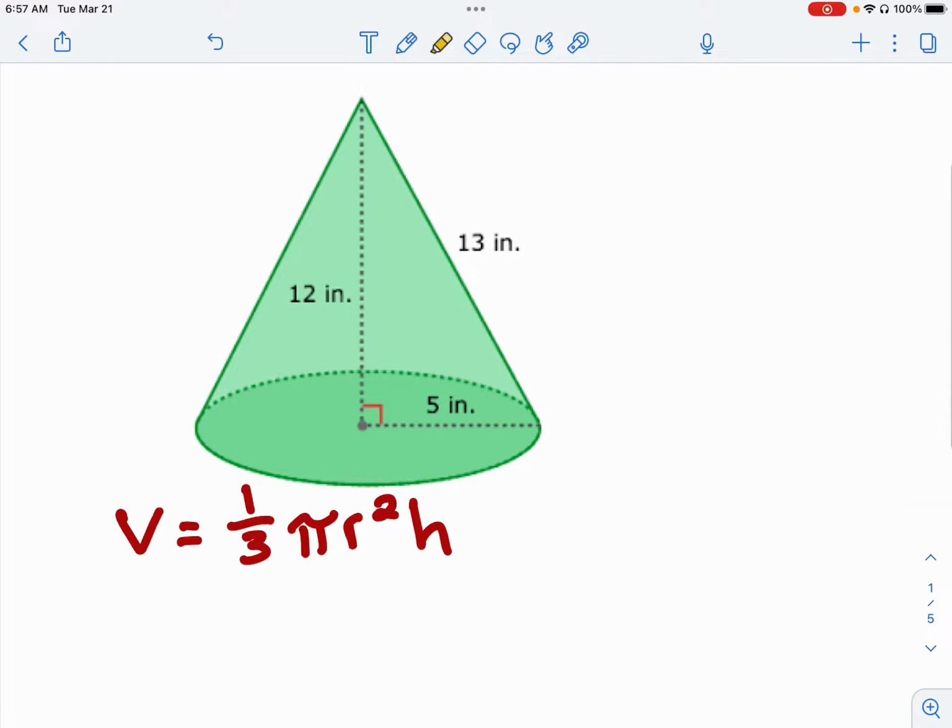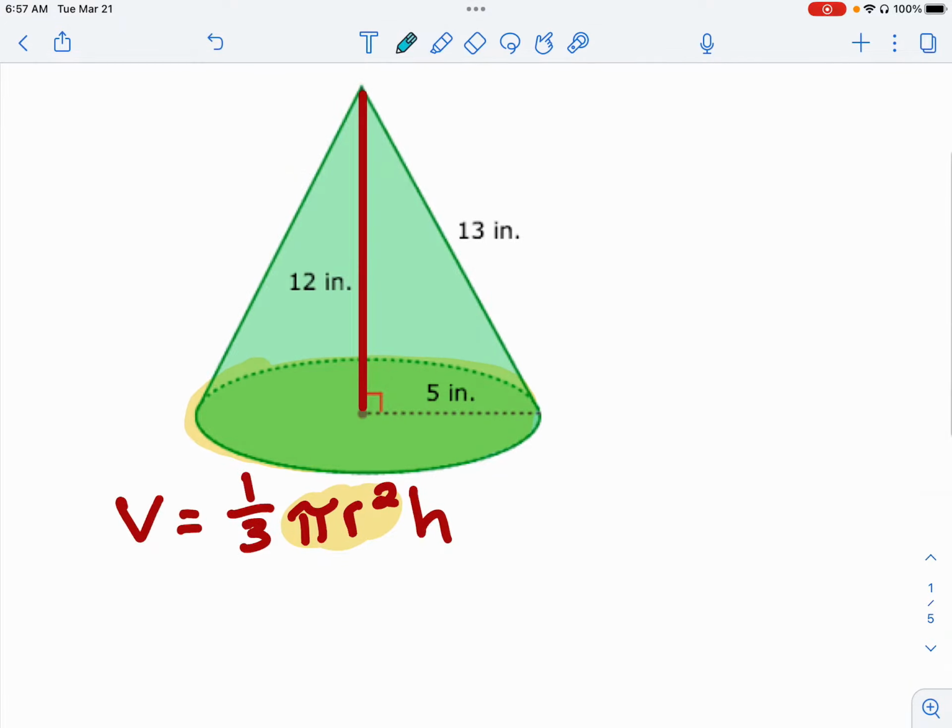Well, what do we know about pi r squared? Well, pi r squared is the area of a circle. So a cone is really the area of a circle times the height, and then we divide that by 3.